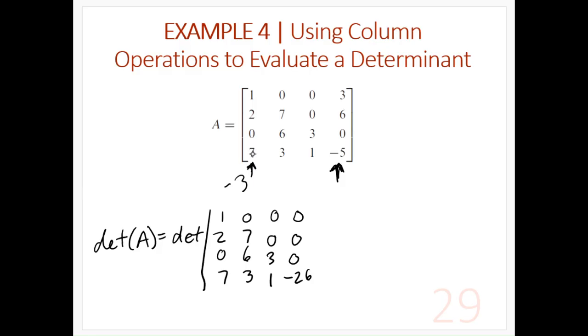Because negative 3 times 7 is negative 21, plus the negative 5, that's going to give us negative 26 there. Lo and behold, we have a lower triangular form now in one step. You didn't realize this before, but now we can actually do column operations as well as row operations. So now we have a lower triangular here.